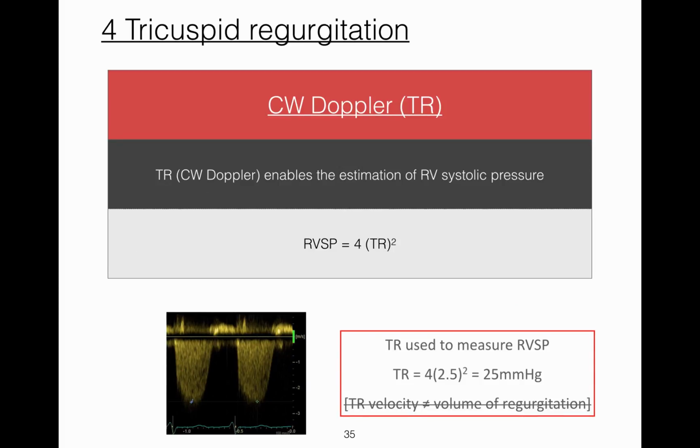Tricuspid regurgitation, identified and measured with colour and continuous wave Doppler, allows sonographers to estimate right ventricular systolic pressure by applying the modified Bernoulli equation.